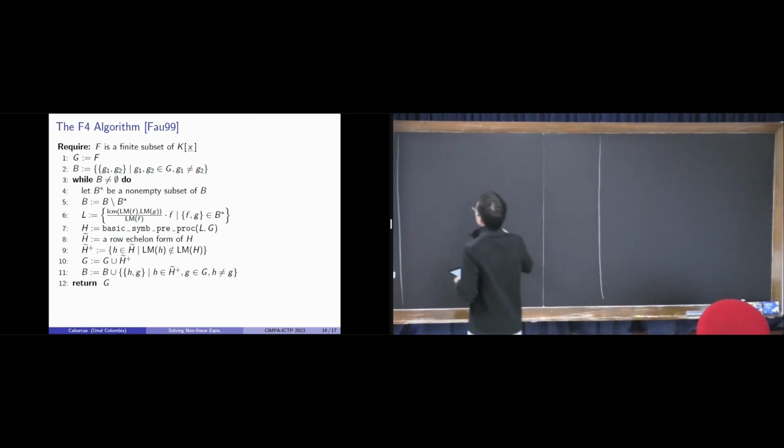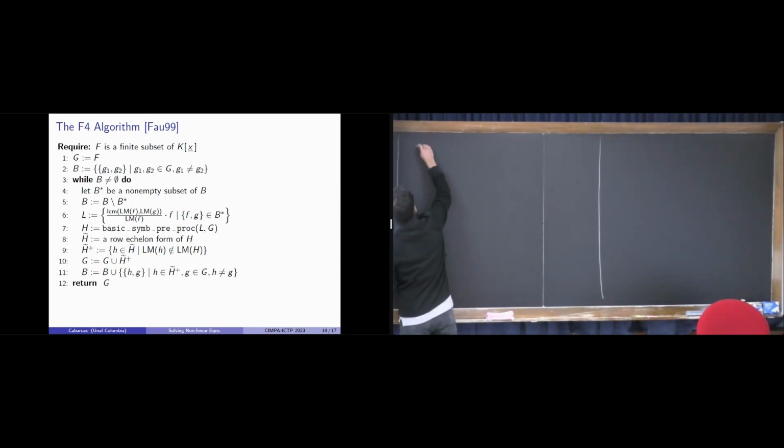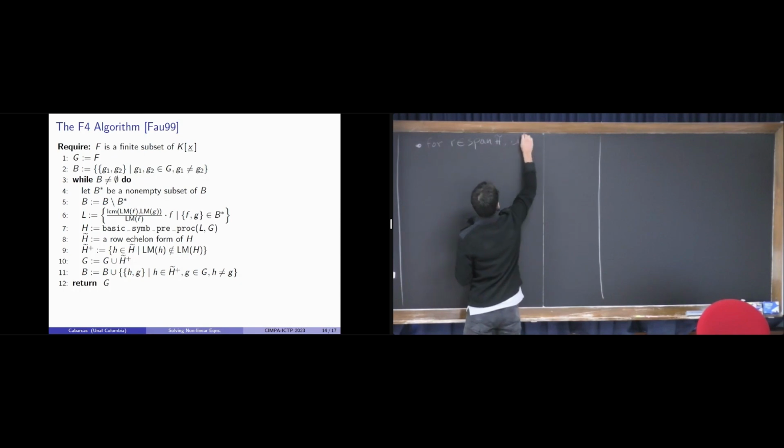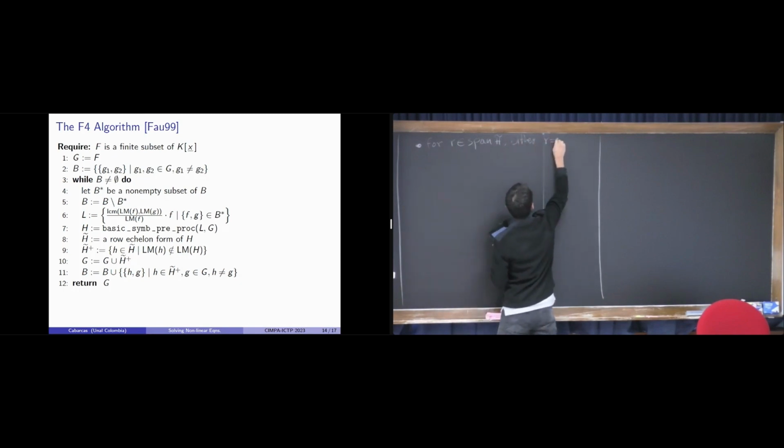So a couple of observations here that are going to be useful. The first one is that for any R in the linear span of H tilde, either R is 0 or the leading monomial of R is among the leading monomials of H tilde.